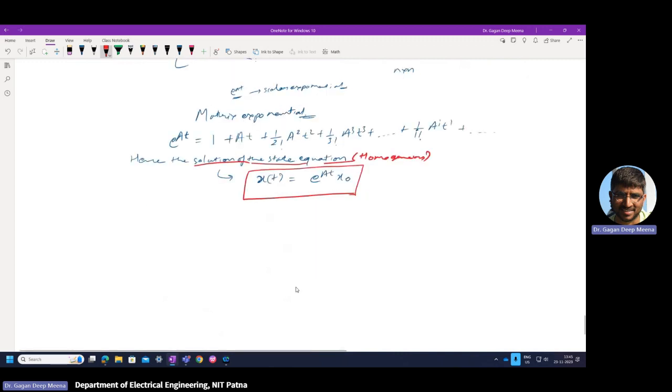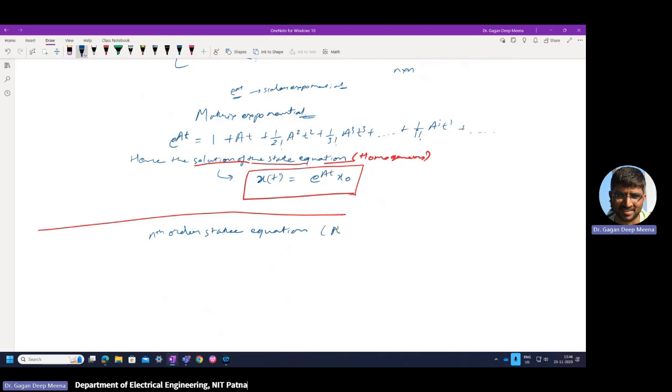Now next we will see what if we include the u part, the input part also. So let's see the case when we have the nth order state equation with the input.